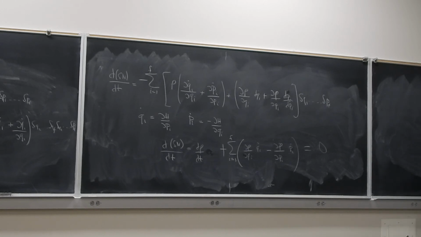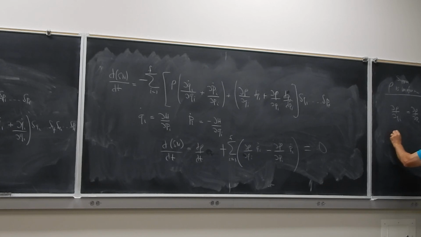Take a really simple example. Suppose rho is uniform over all phase space. Okay, this is the simplest example. That means that d rho dqi is equal to d rho dpi. Both are equal to 0 because it's uniform. In other words, rho is a constant.